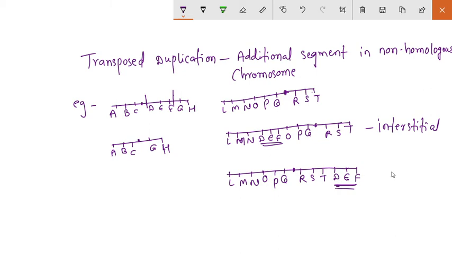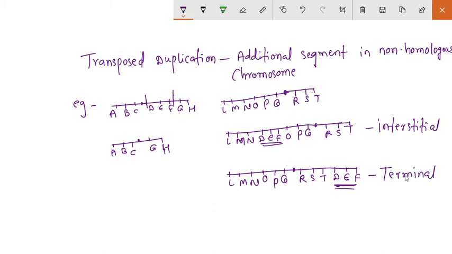It may be at the right side or the left side. So the transposed duplication may be interstitial or terminal.